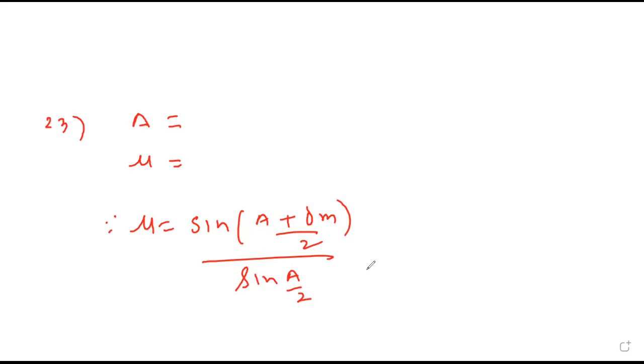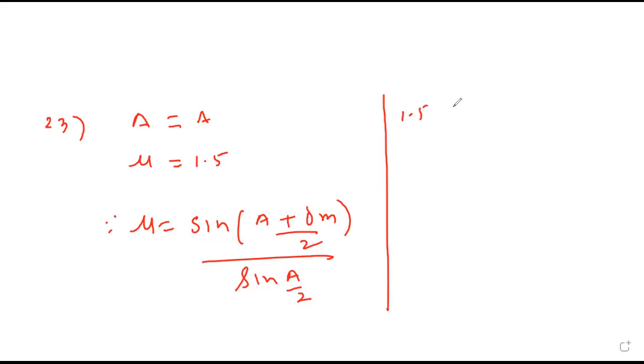Mu is 1.5. The refractive index is not printed, so take it as 1.5. The angle of prism is A, so that the angle of deviation is 180 minus 2A.